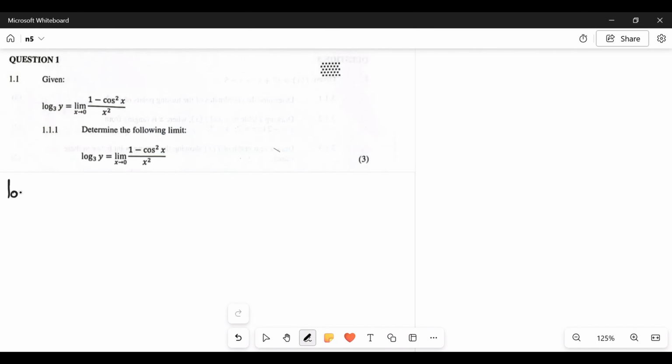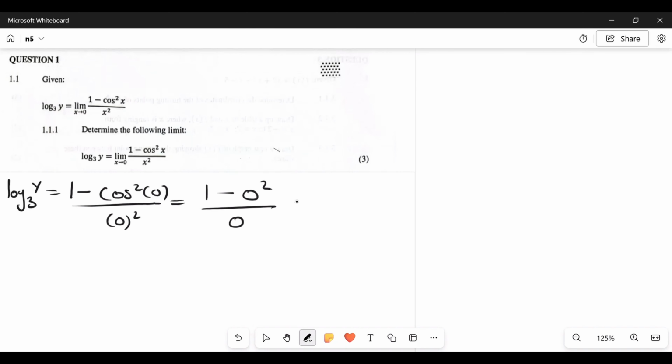We write log base 3 y equals 1 minus cos squared 0 divided by 0 squared. Remember, we substitute 0 wherever there is x. So we're going to have 1 minus cos 0, guys, it's 0. So 0 squared divided by 0. At the end of the day, this is going to give us infinity.